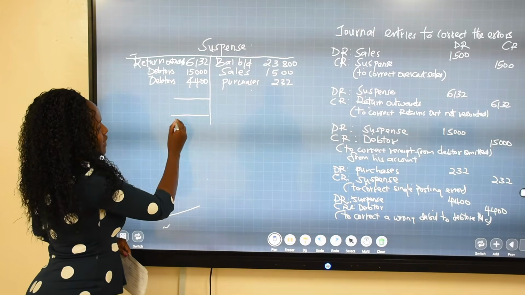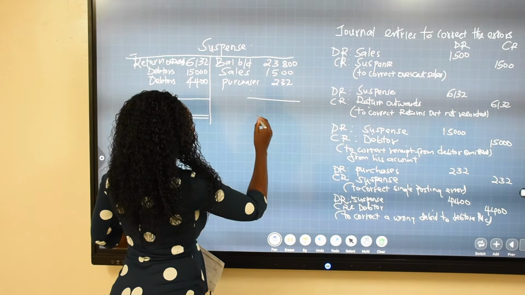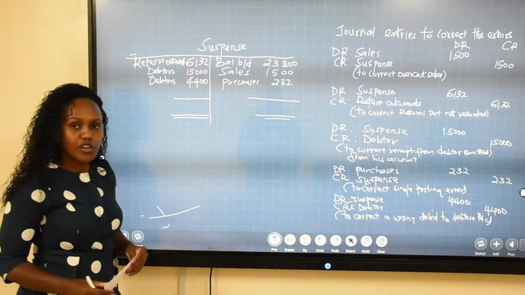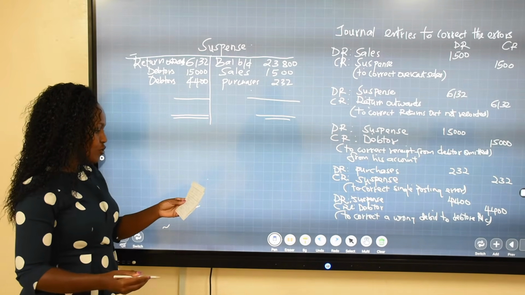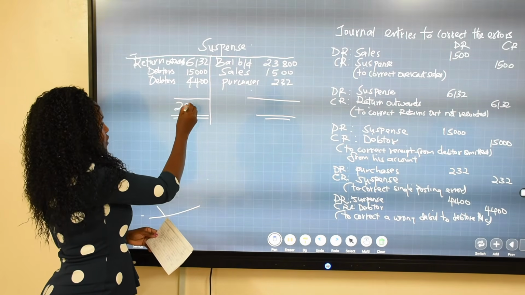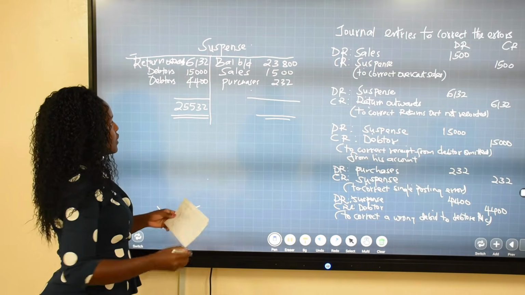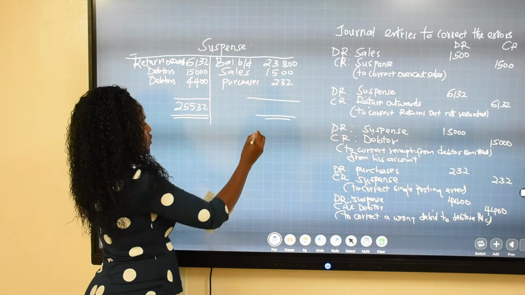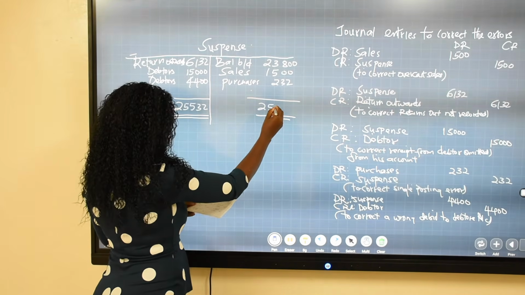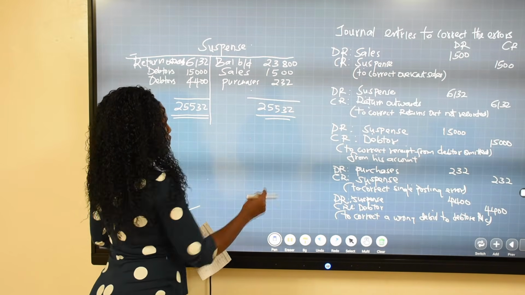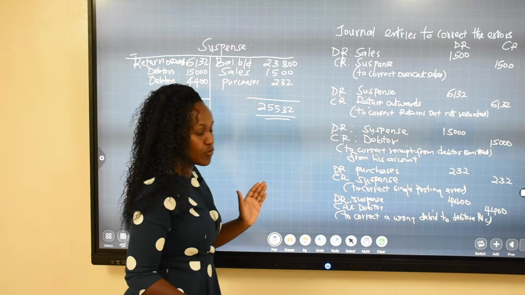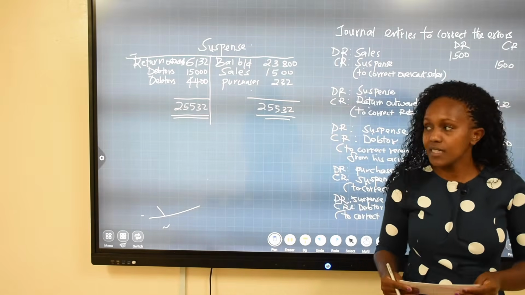And now automatically the suspense account should self-balance. If you have corrected all the errors, it is going to balance by 25,532. And here it is also going to balance with 25,532. So our suspense account now is fully balanced, or is duly balanced.